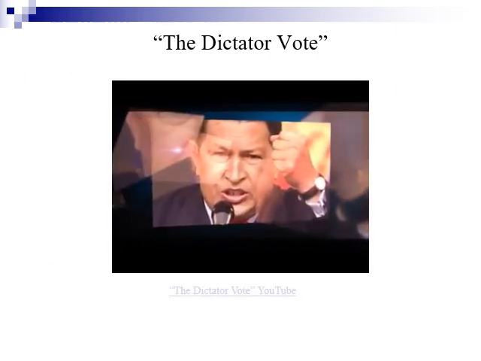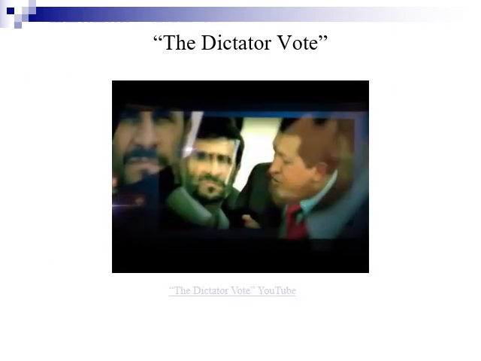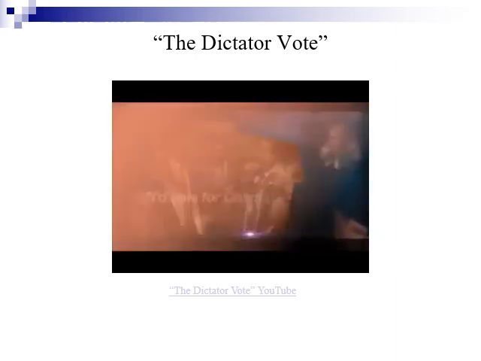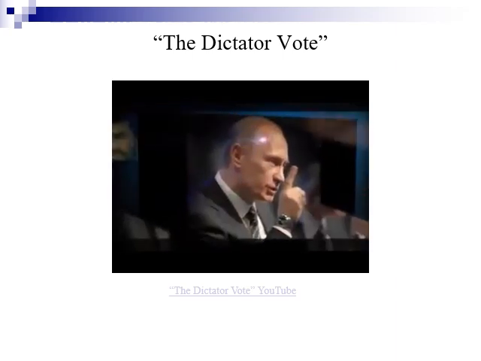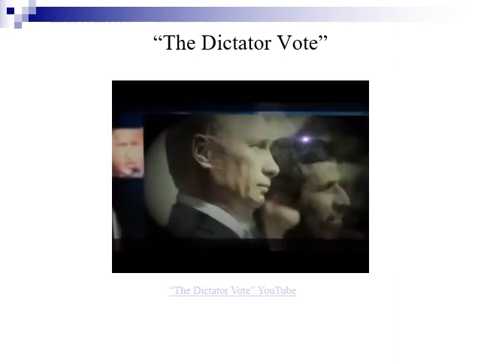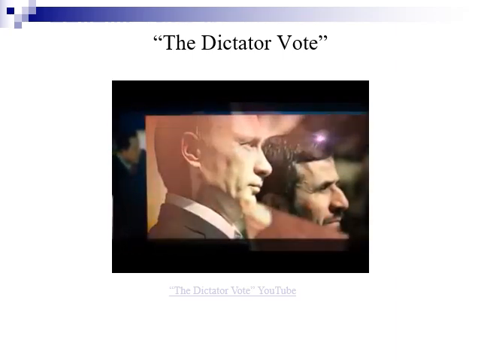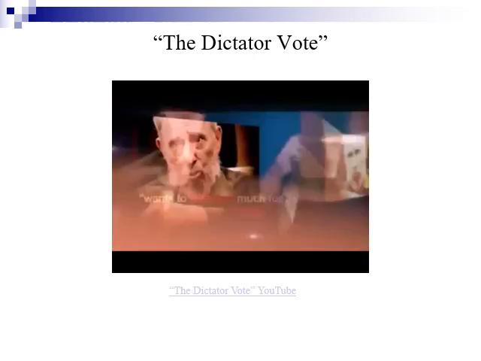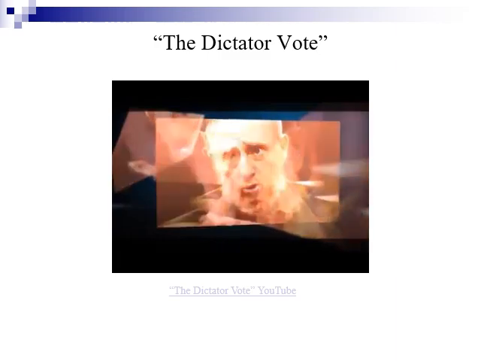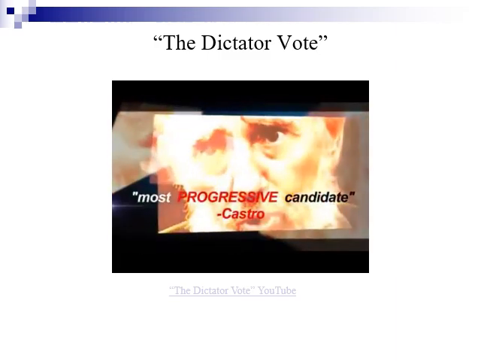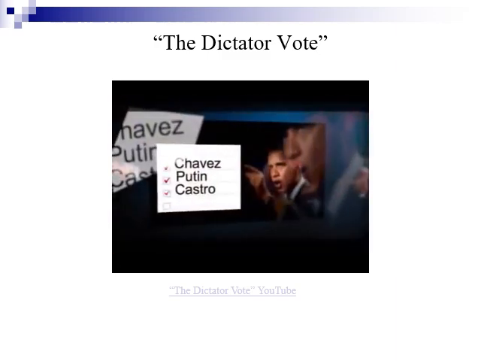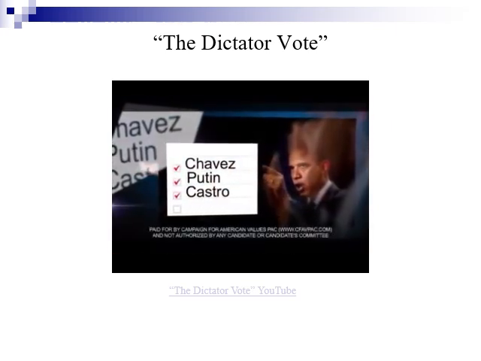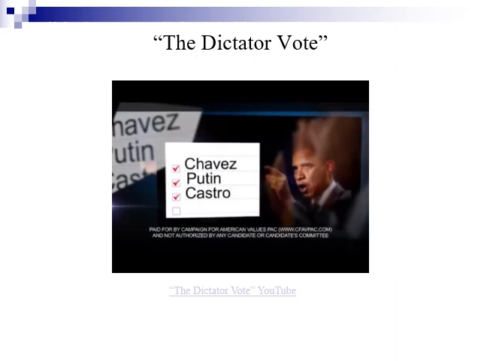Venezuelan President Hugo Chavez tramples on basic human rights and silences critical media. He's also said, "If I was from the United States, I'd vote for Obama." Russia's Vladimir Putin supplies weapons to terrorists, supports Iran's nuclear ambitions, and calls President Obama an honest man who really wants to change much for them. Chavez, Putin, Castro, Obama secured the dictator vote. Does he have yours? Campaign for American Values PAC is responsible for the content.